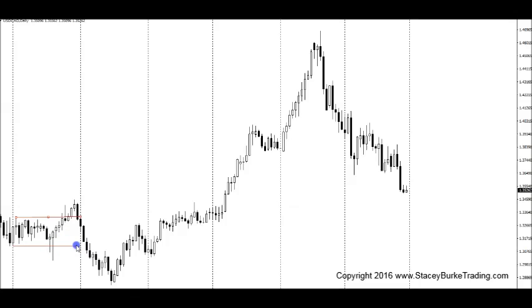Again, what that potentially tells us is not necessarily that one of those is going to be the high or the exact low of the month, but it gives us an idea of where buyers or sellers will dominate. Even though this was a range-bound month for most of the month, we see that initial opening bar from the first day of the trading month held as a buying extreme for the month.